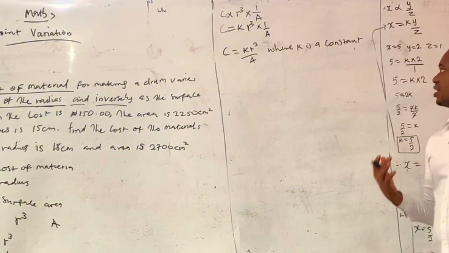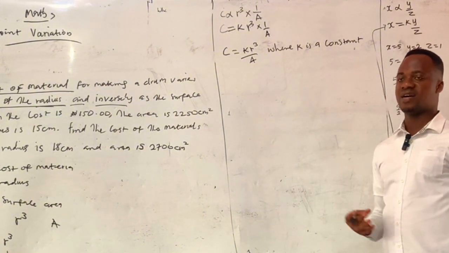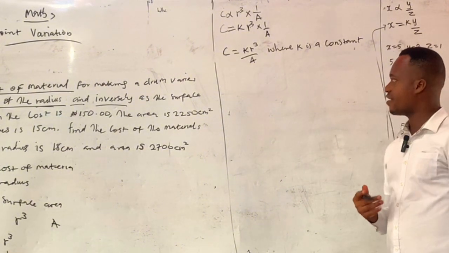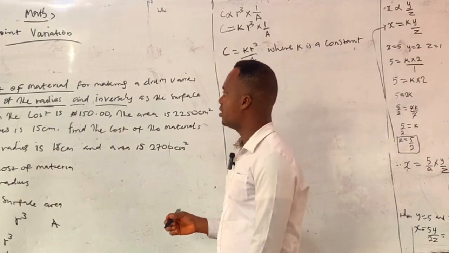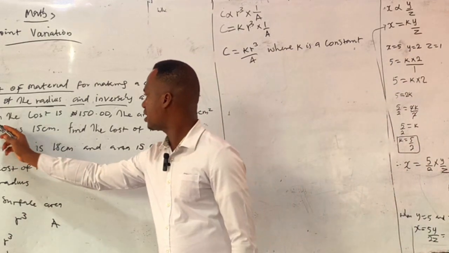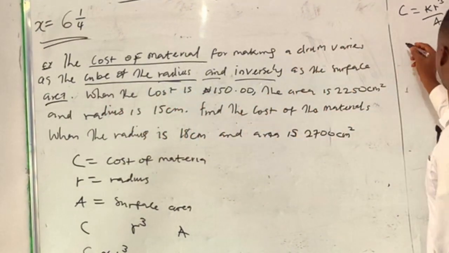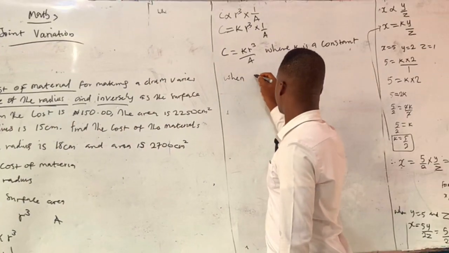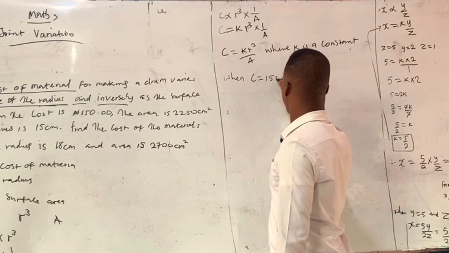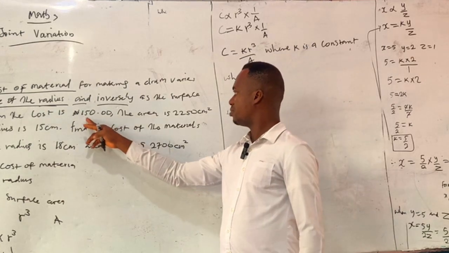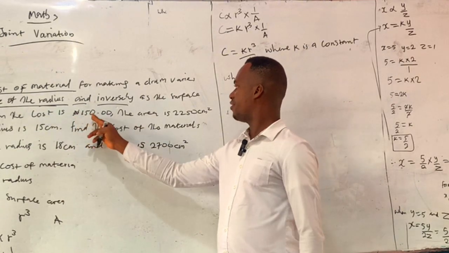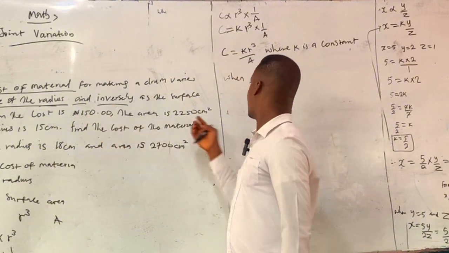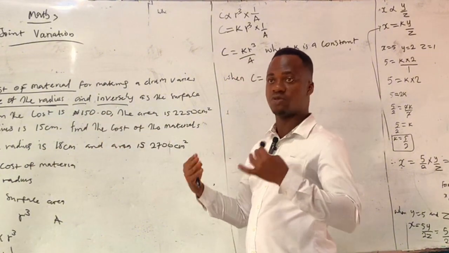The first thing at this point is to find the value of that constant. So the value will be gotten from the question. They said when the cost, remember C is cost, is 150. This is 150 naira, 0 kobo, which we can write as 150 when we want to put into the equation.